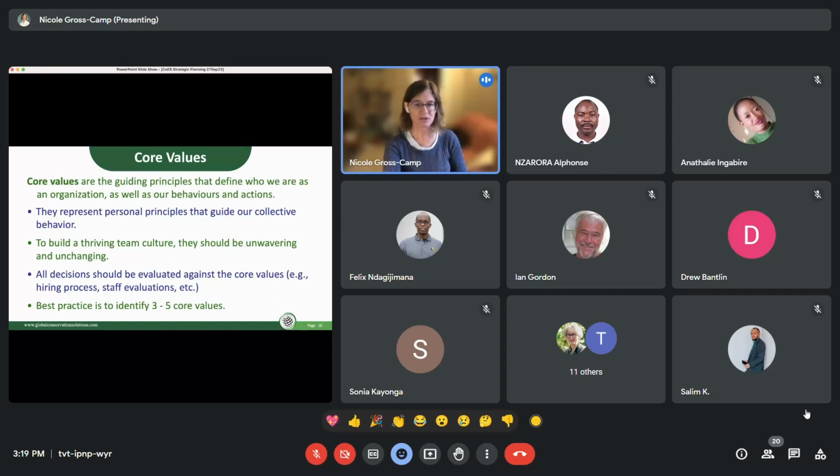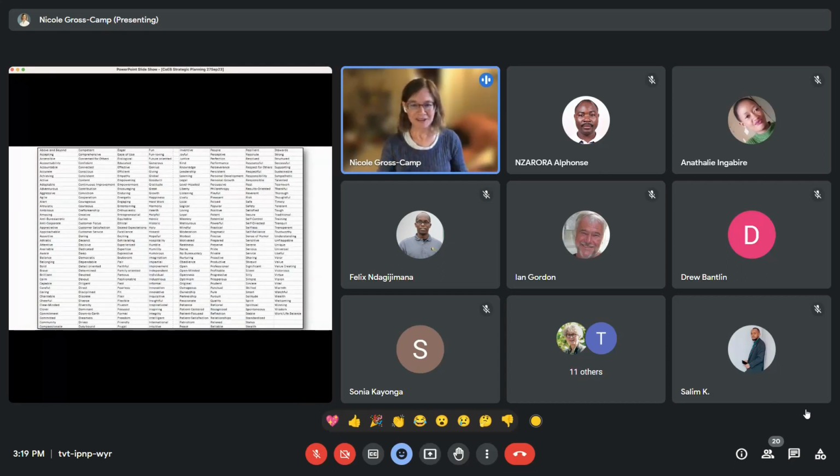A best practice is to identify three to five core values. So this is a list. It's certainly not exhaustive. Sometimes clients like a little bit of a push, and so this is something that we provide for them to brainstorm ideas of what core values might look like for their organization.